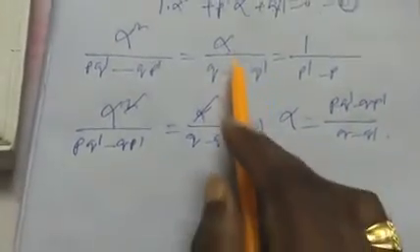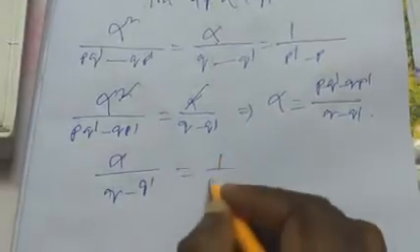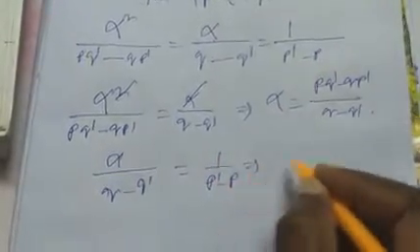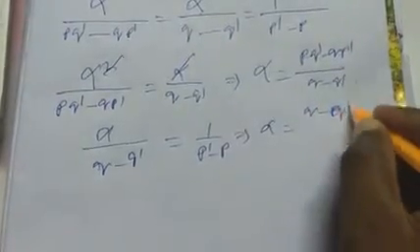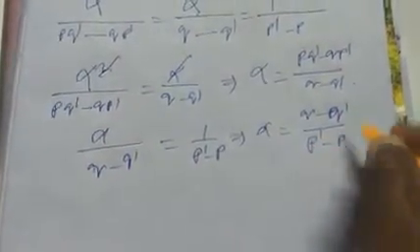Okay, again write this equal to this, alpha by q minus q dash is equal to 1 by p dash minus p. Okay, therefore alpha is equal to q minus q dash by p dash minus p. So both the common root we have to, it is proved. Okay, these are these either or. Okay, that is your answer.